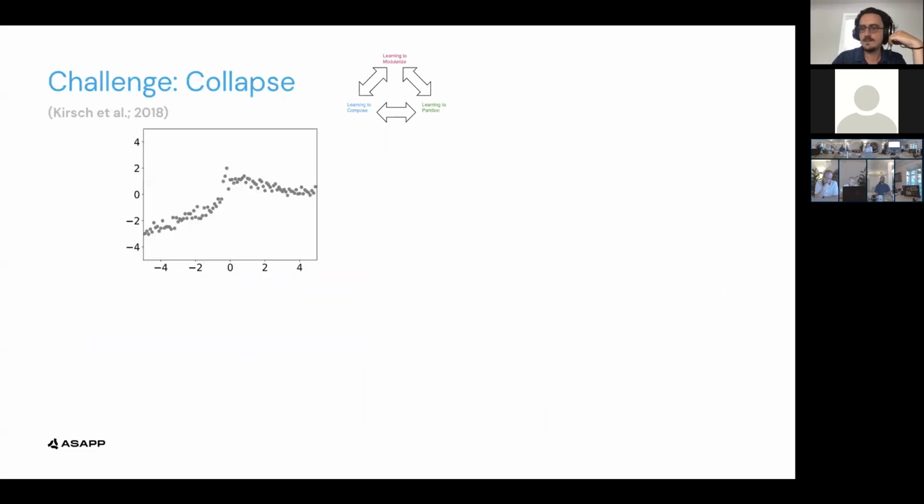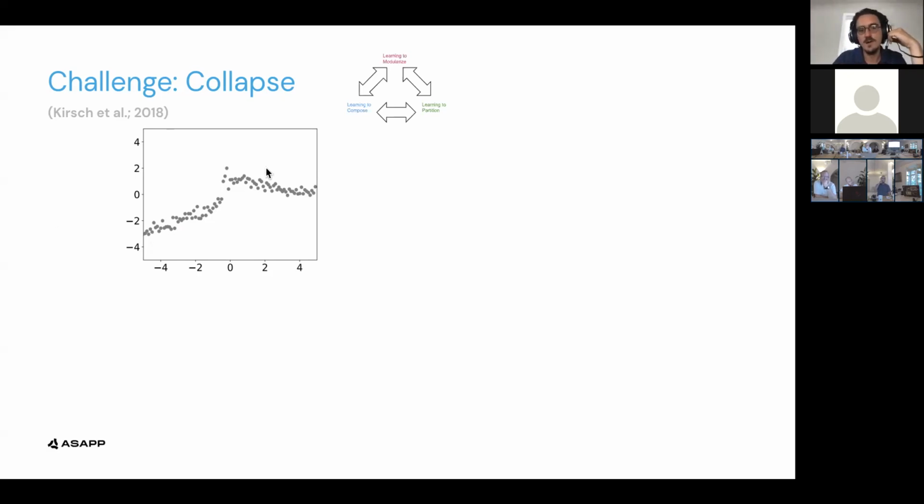The second, I don't know whether Lewis is here, but this was first phrased by Lewis, is that you have the problem of module collapse. Module collapse can roughly be described as follows. Imagine you had a data set and you just know that it consists of two linear noisy modes, right?